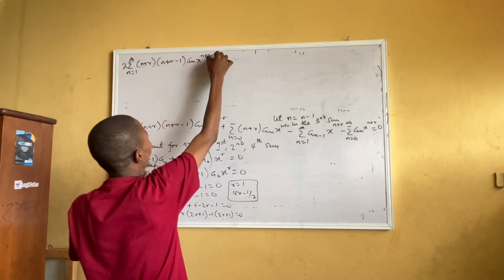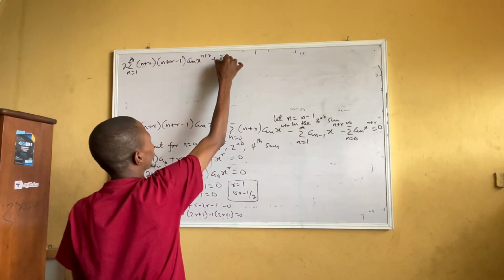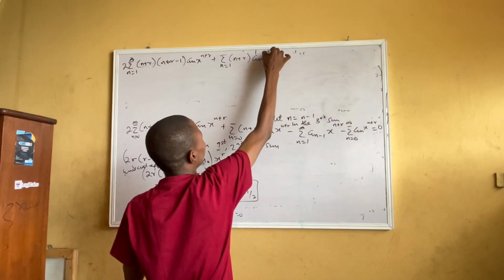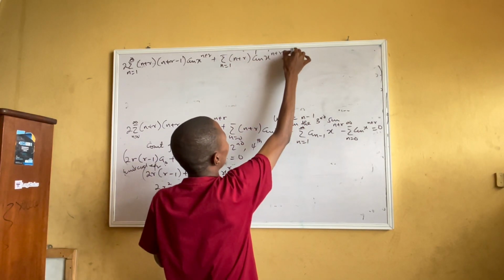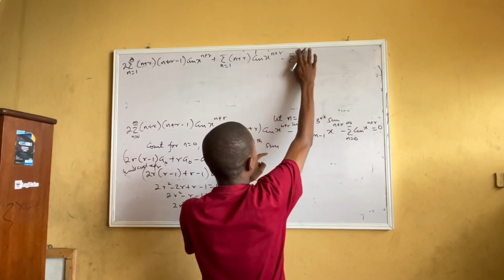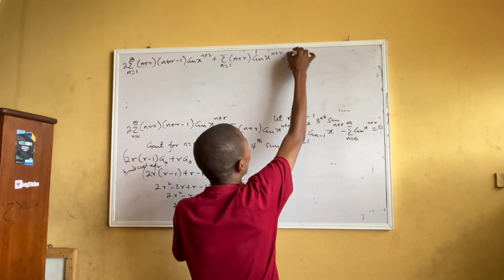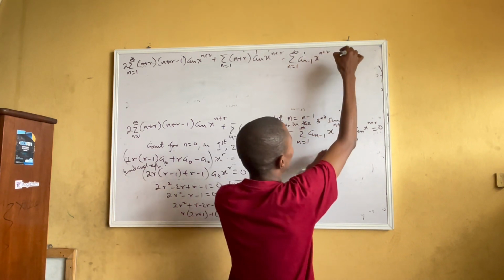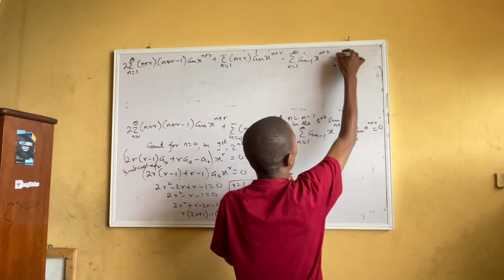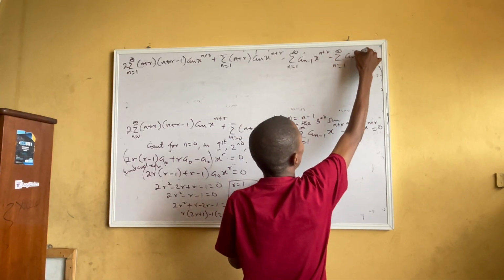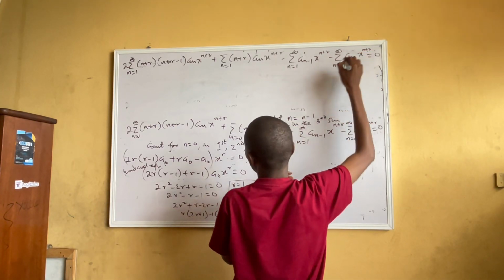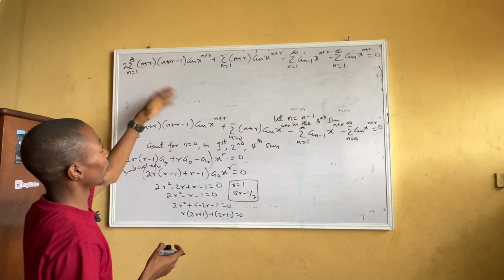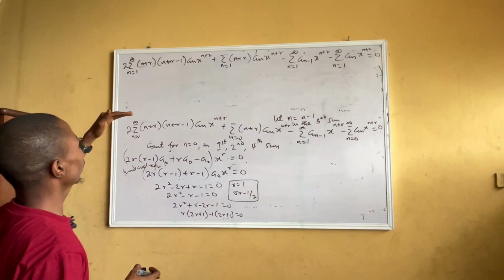This one too will start from 1, plus summation n from 1 of (n plus r) a_n x^(n plus r), minus summation, this one is starting from 1 already, we've already shifted it, of a_(n minus 1) x^(n plus r), and the last one, n from 1, a_n x^(n plus r), everything equals 0. Now all the series have the same lower limit.